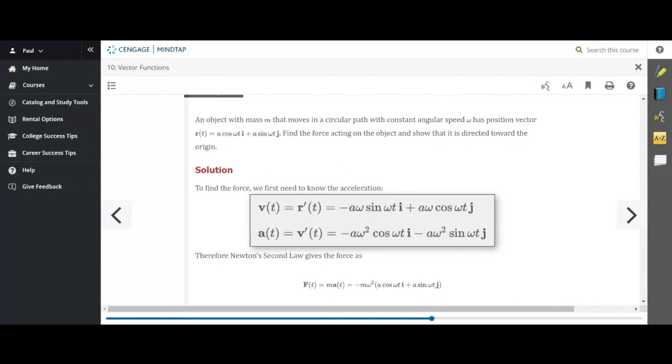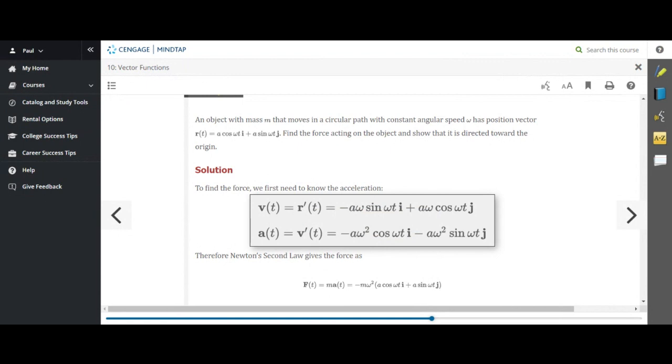Why is that? How can we get the force from acceleration? Force equals mass times acceleration. That's right. So you've got to get to the acceleration vector, and then Newton's second law says force equals mass times acceleration, and that follows for vectors as well.